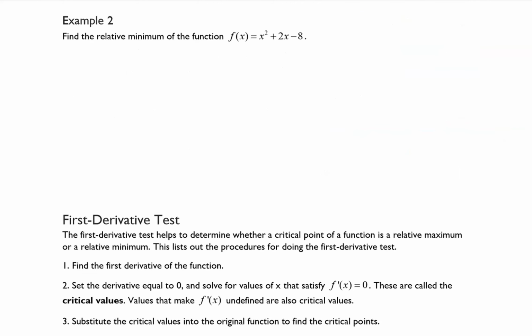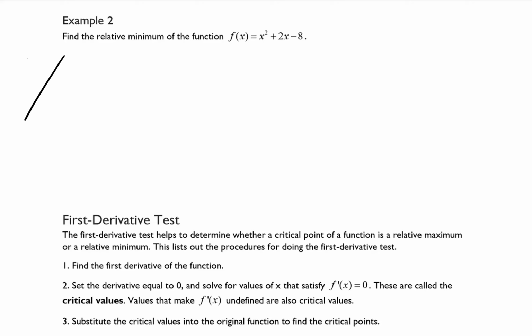Example 2 says find the relative minimum of the function f of x equals x squared plus 2x minus 8. And this is an example of a quadratic function. There's a couple of ways we can find the relative minimum of this function. The first way is we can factor this.